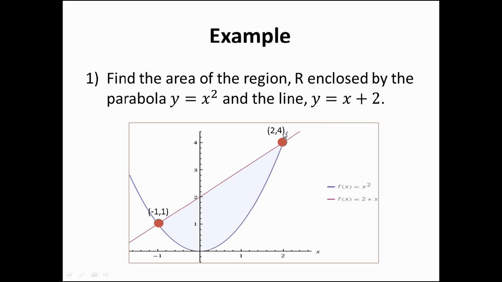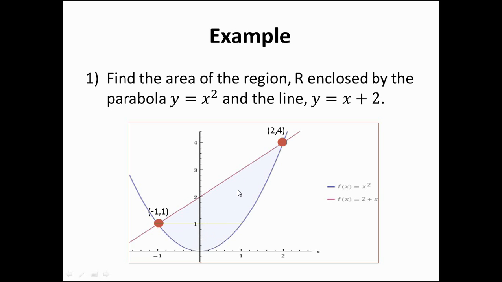If we take positive square root y as the upper limit for x and y minus 2 as the lower limit for x, we will be fine, but only until y is equal to 1, because beyond this point we will include the area over here, which is not what we want because we just want to evaluate the area over here. So what we can do now is break the whole region into these two parts.